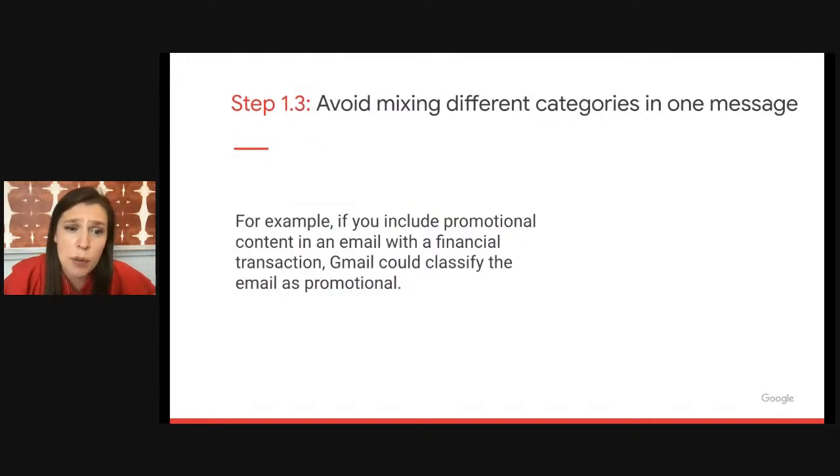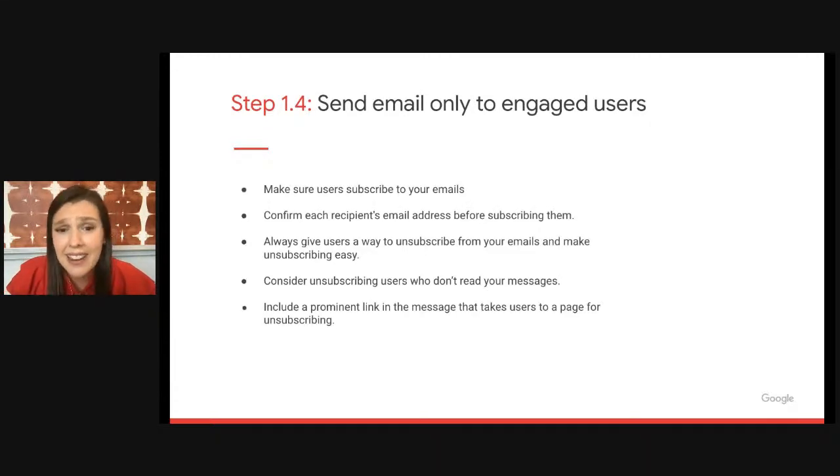If you include promotional content within a financial transaction, it could possibly classify the email as promotional. So that's why I would avoid mixing different categories in one message. So having something consistent for each one is really important, but then also making sure you're not mixing 2 different types of emails together. And then thinking through sending email to only engaged users.